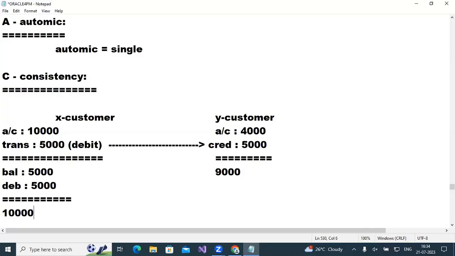So where you started, the position of money in your account, 10,000, from there you started your transaction. So the calculation again finally shows 10,000 only, because my balance amount plus debit amount is equal to the main balance amount. Which balance? Main balance. So it's satisfied.